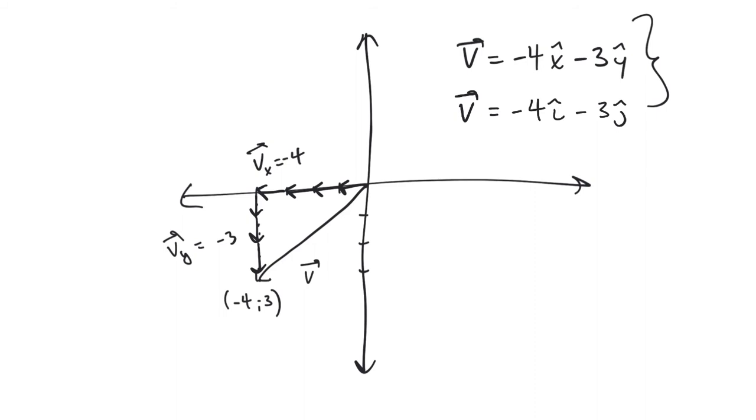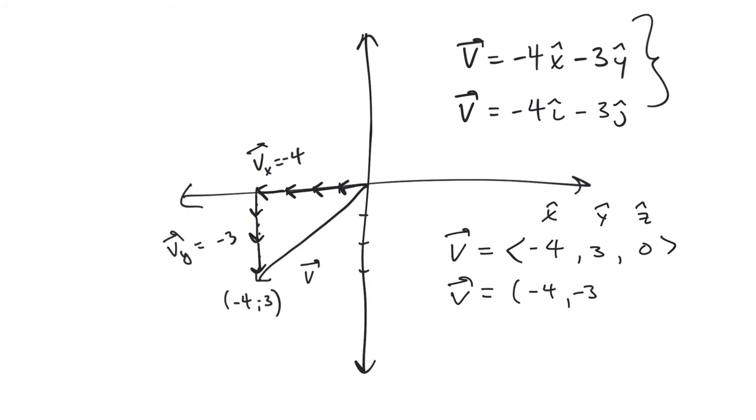And then there is a final way that I've seen both as parentheses and as brackets. You could say this would be -4, -3, 0, where this is the x, the y, and the z, or you could have it as -4, -3, 0 with parentheses.